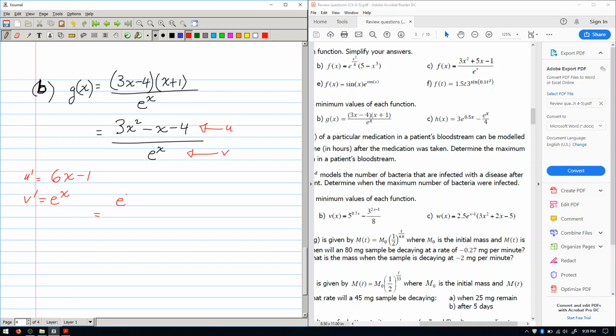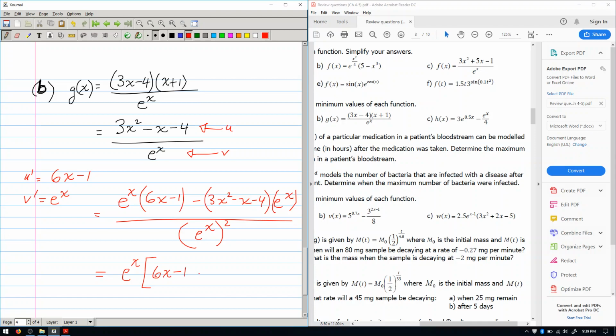I'm doing v times u prime minus u times v prime, all over v squared. And if you notice, there is a common factor on top. You get e to the x.